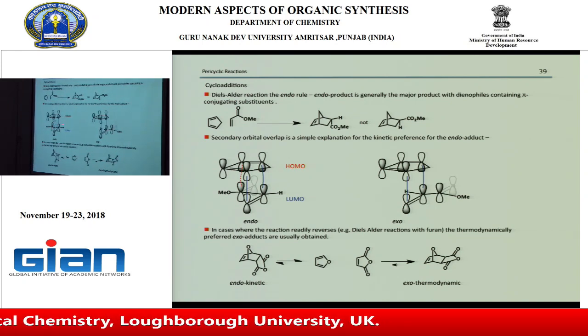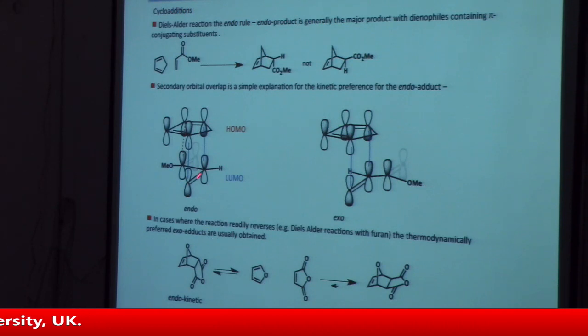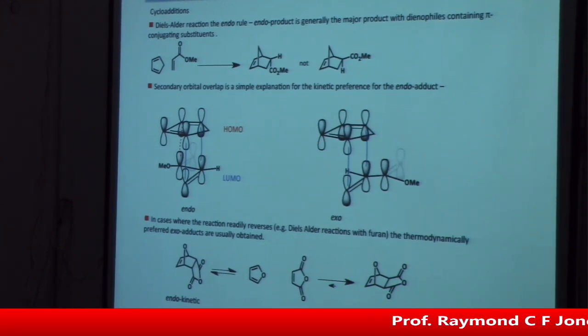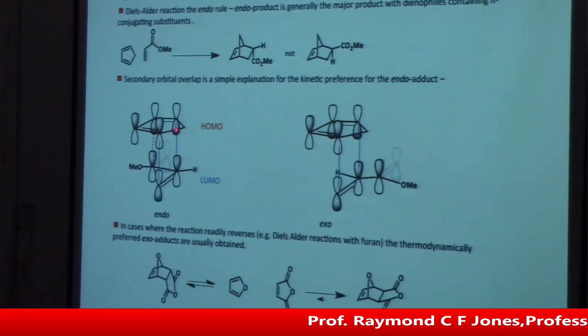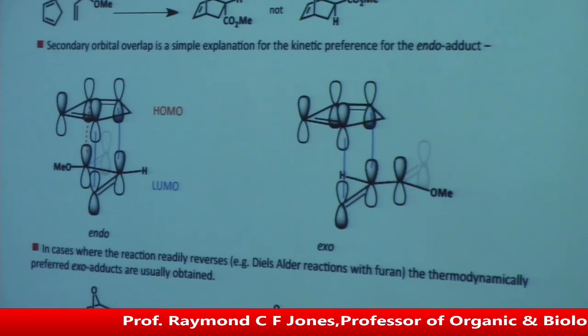So here's again that orbital picture that in the endo, in this case I've got the LUMO of the dienophile and the HOMO of the diene, but it will come to the same result. Set it up so that the bonding you want to form, the sigma bonds, is looking good.